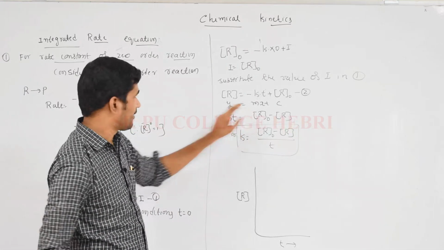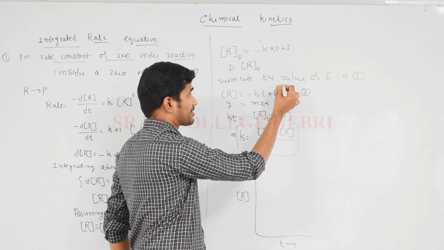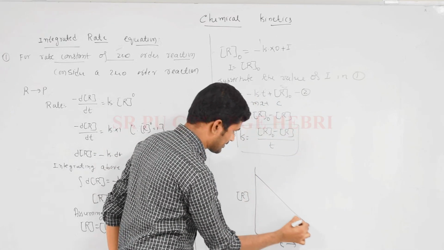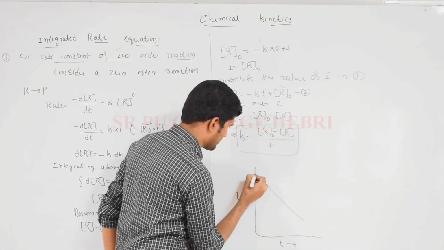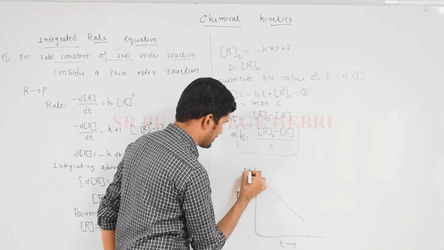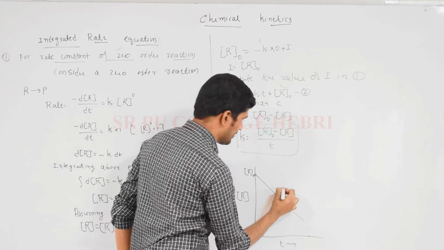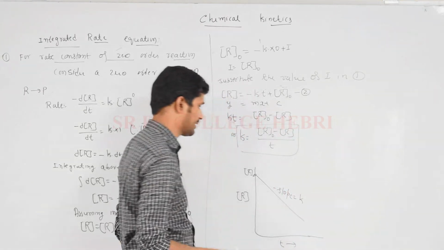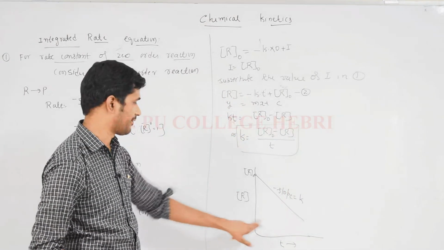The graph will be a straight line. This is the y-intercept and this is the slope. The intercept is R naught, the initial concentration, and the slope is equal to minus K. So K is equal to minus slope. This is the graph of R versus T.